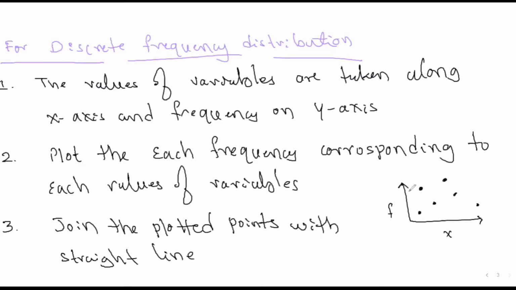How do we join them? Suppose this is the first point and this is the second point. We draw one straight line, again one straight line, and so on. So we join these points by straight lines.